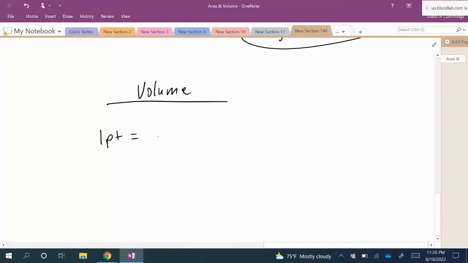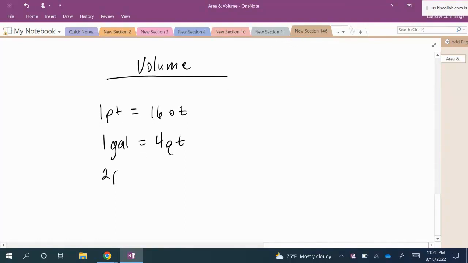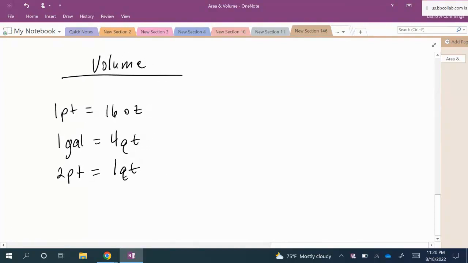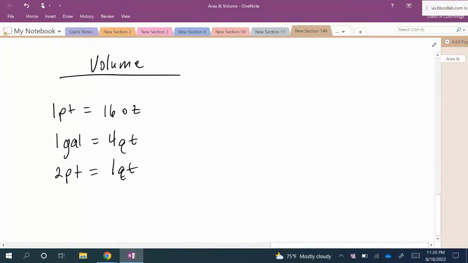So 1 pint is equal to 16 ounces, and that's a fluid ounce. 1 gallon is equal to 4 quarts. 2 pints is equal to 1 quart. All right, so we'll just take a look at one example here.